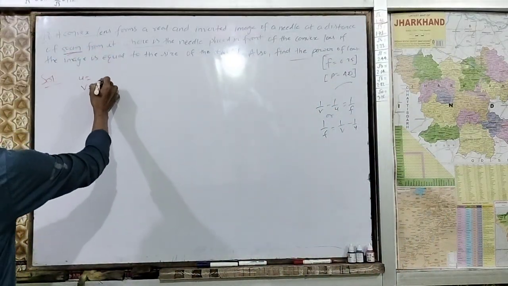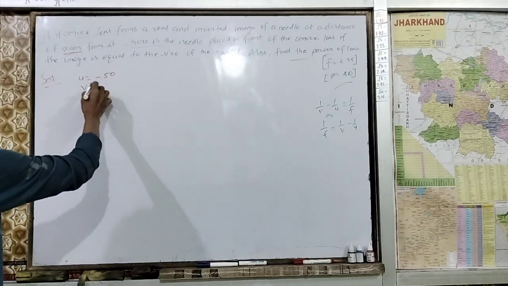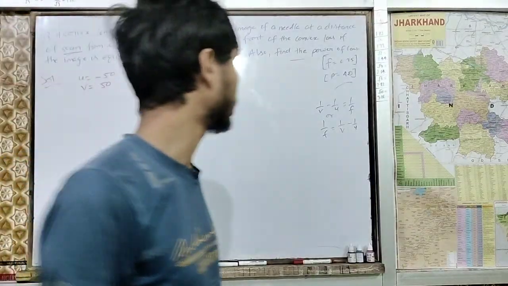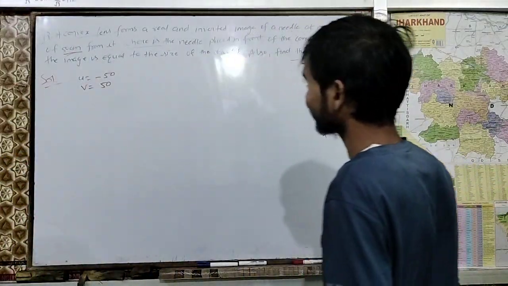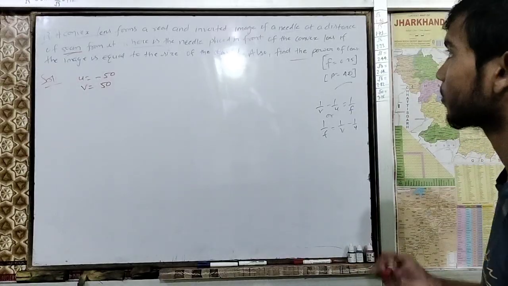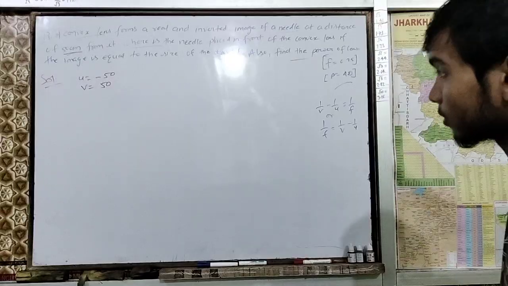Distance is given as 50. Remember, this will be minus, and here it will be only 50. So u came as minus 50.